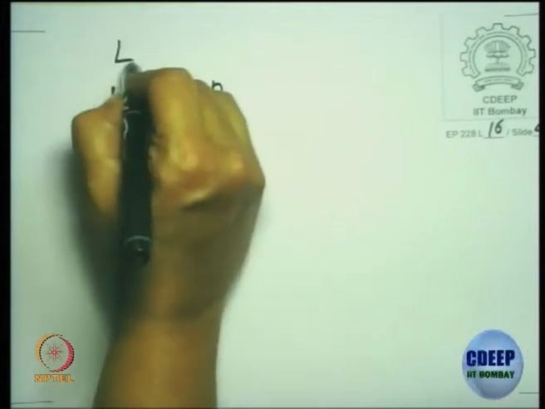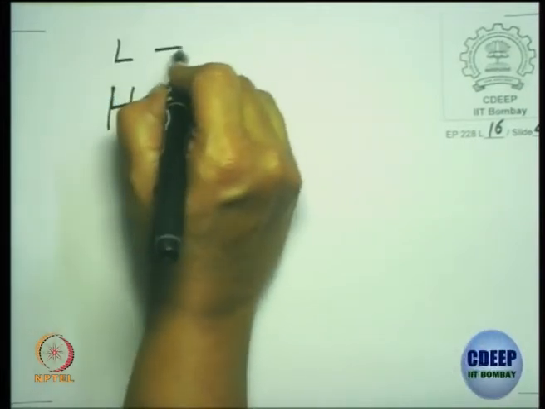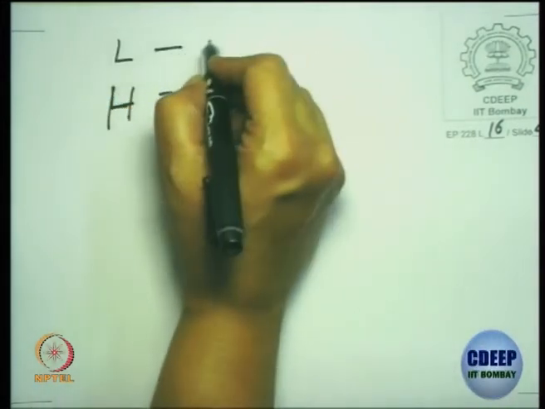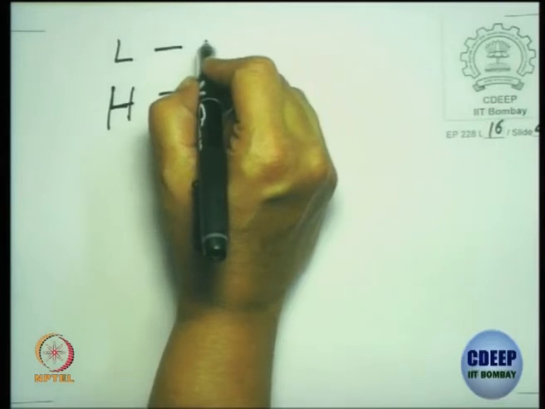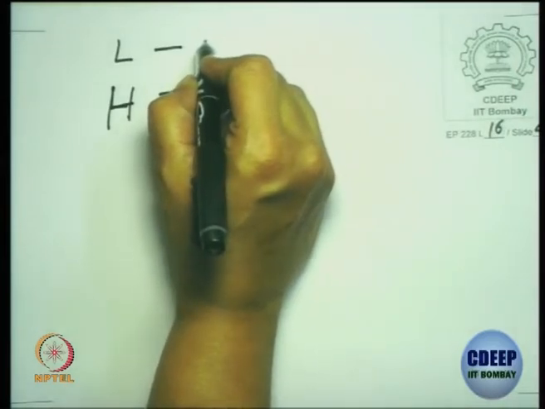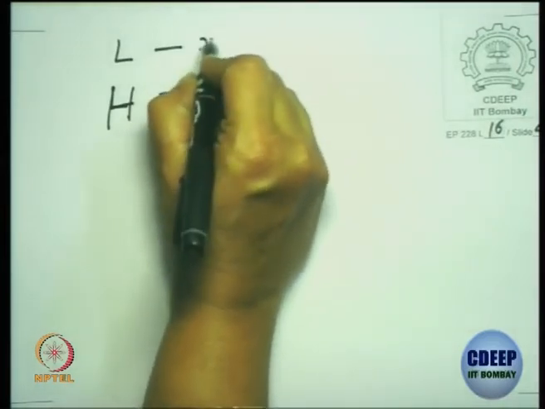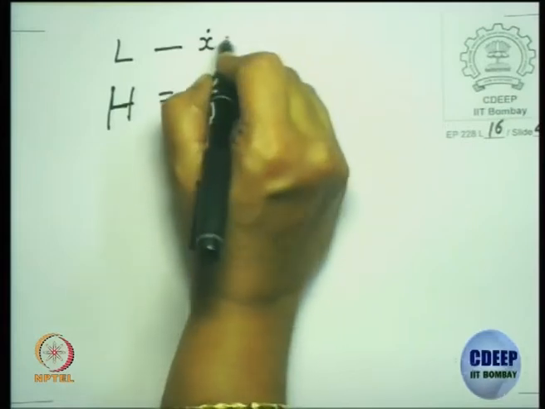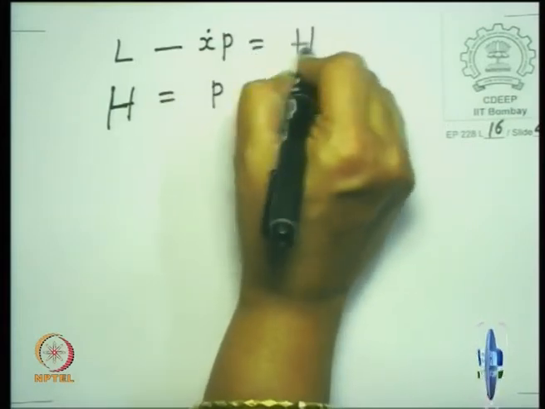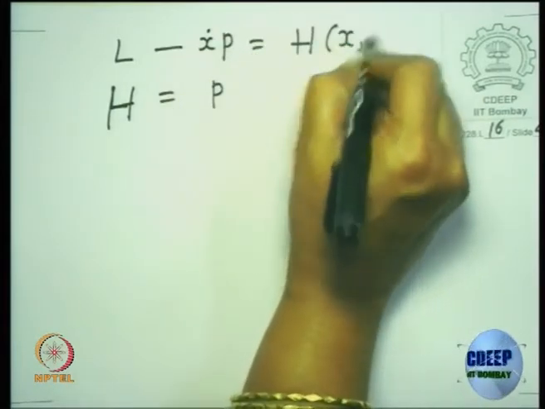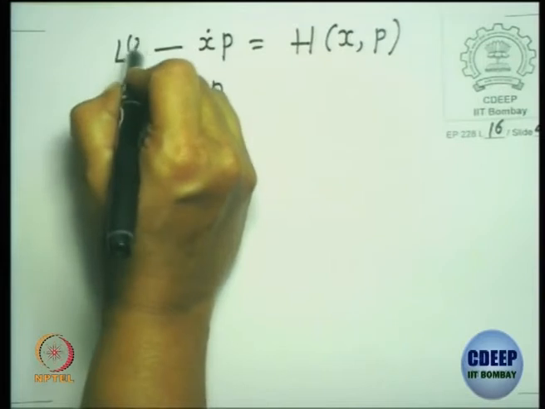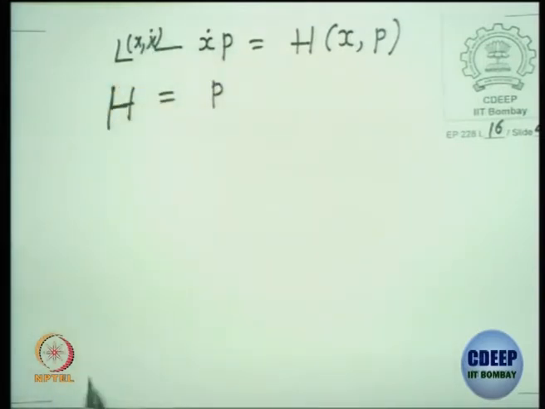How is the Hamiltonian related to the Lagrangian? It is the Legendre transform, which will give you a function of x and p, whereas the Lagrangian is a function of x and x dot, and you can write the Hamiltonian and look at the equations of motion there also.